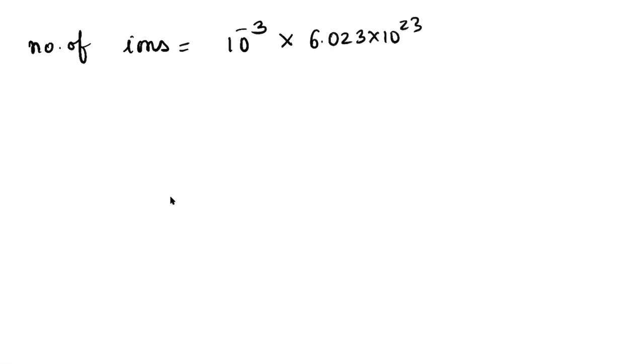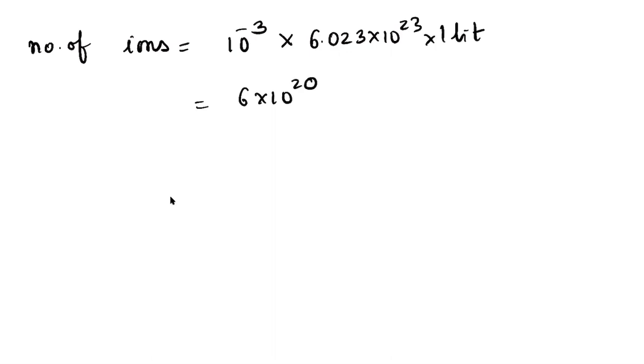Let me write down that number of sodium lauryl sulfate ions which will be present will be equal to 10 raised to power of minus 3, which is the concentration, multiplied by 6.023 into 10 raised to power of 23 into 1 liter. Correct. So this would be equal to 6 into 10 raised to power of 20 per liter.